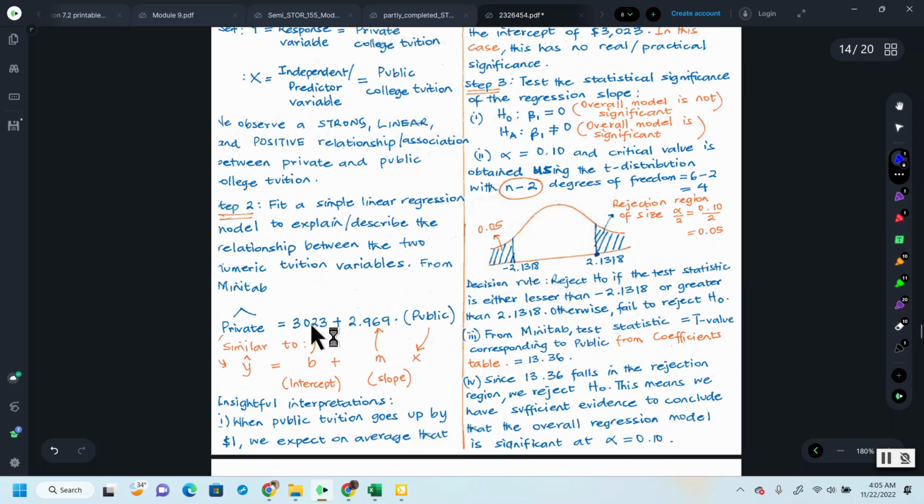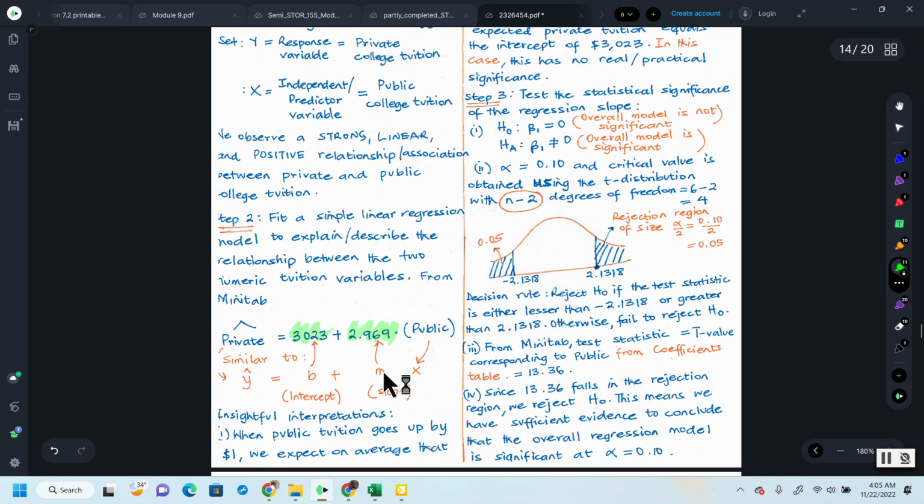How do we interpret these given estimates of the parameters of the regression model? First of all, what you quickly observe, the first one that is always of very meaningful implication is the slope. And here it is 2.969.